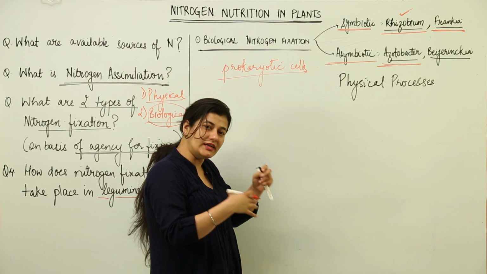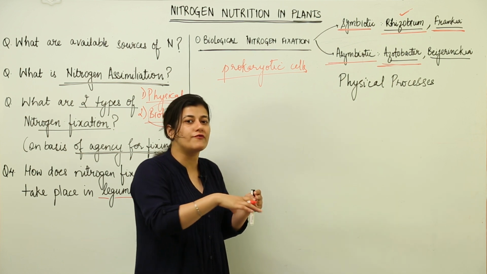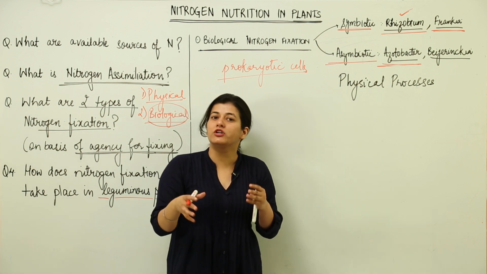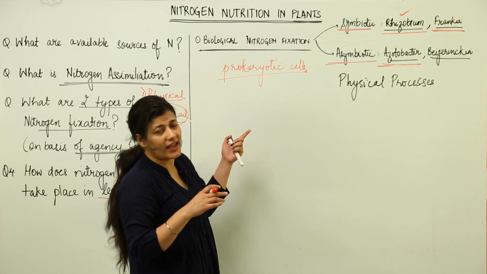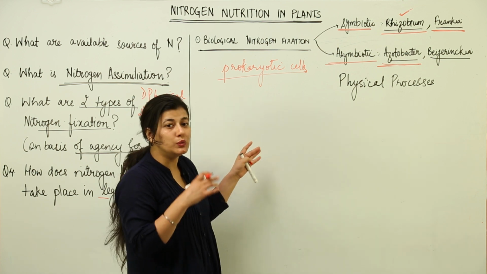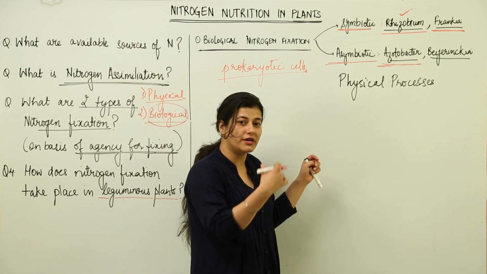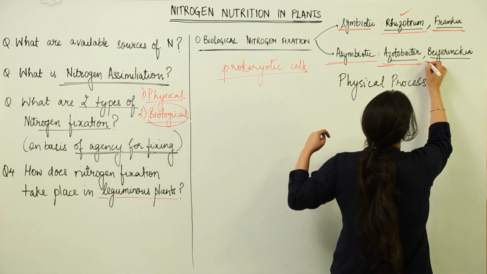They would convert that atmospheric nitrogen in the soil itself, either into nitrates or nitrites, or into ammonia. They would use enzymes like nitrate reductase and nitrite reductase, which convert nitrates to nitrites and nitrites further to ammonia, and these are asymbiotic bacteria.